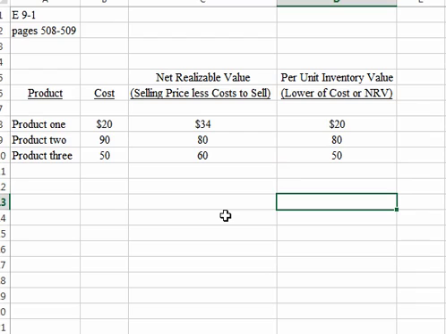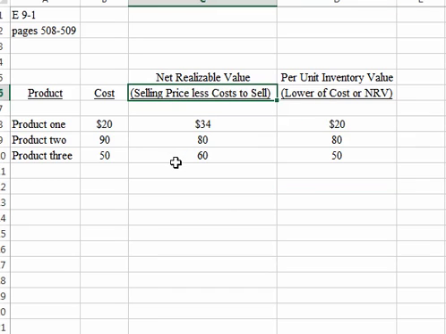It's kind of a weird rule, you guys. We would normally put inventory on the books at cost, but if the net realizable value, which is the sales price of the inventory less the cost to sell it, has dropped below its cost, then we would report it at its net realizable value rather than at its cost. I hope that makes sense.